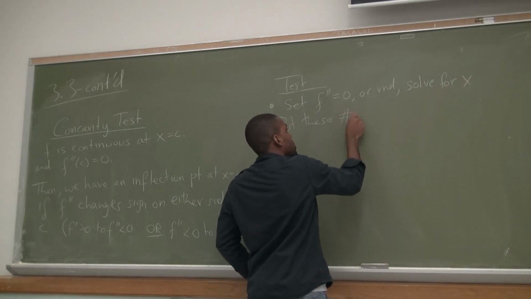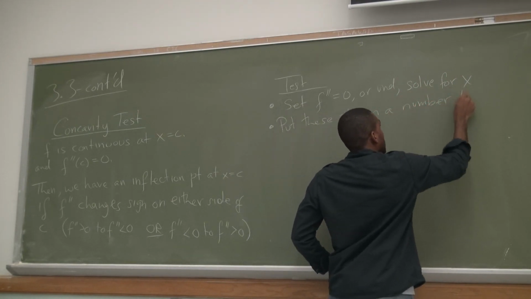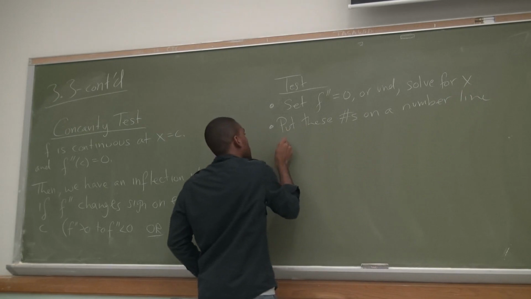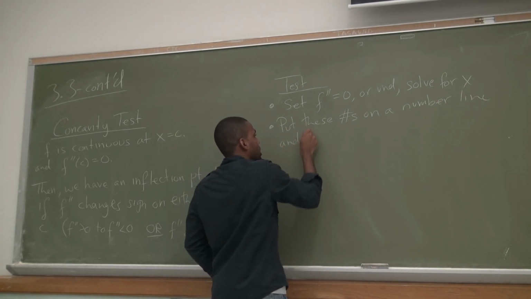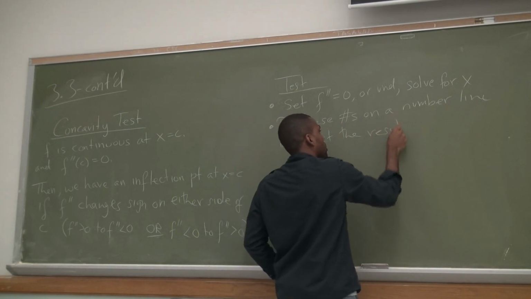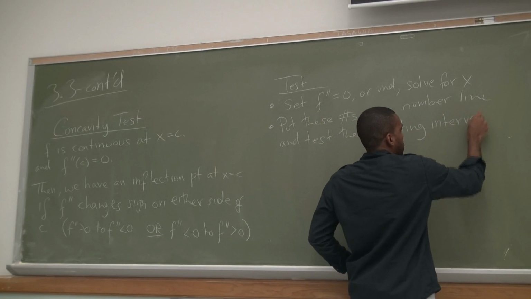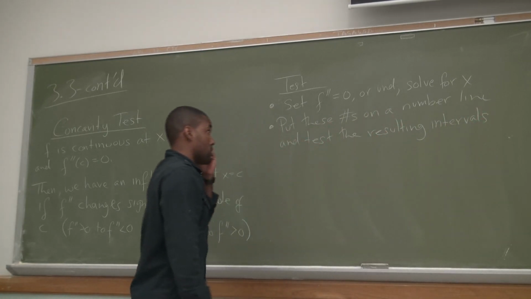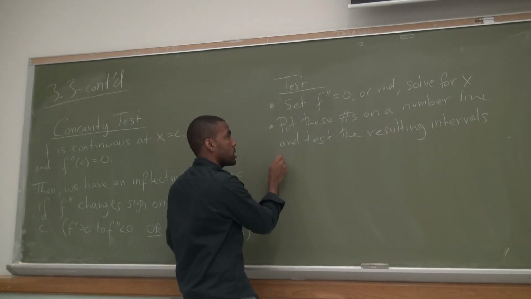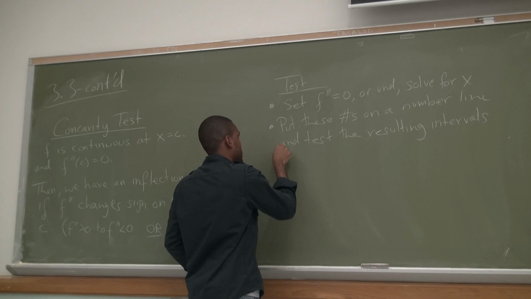Put these numbers on the number line. And test the resulting intervals. And we're going to do all this today, both for the first and second derivative, so let's see what this all means. Of course there's a quiz today, so pay attention.